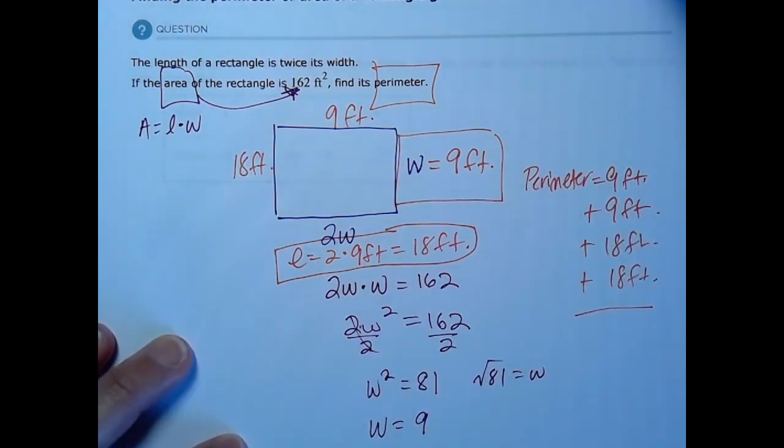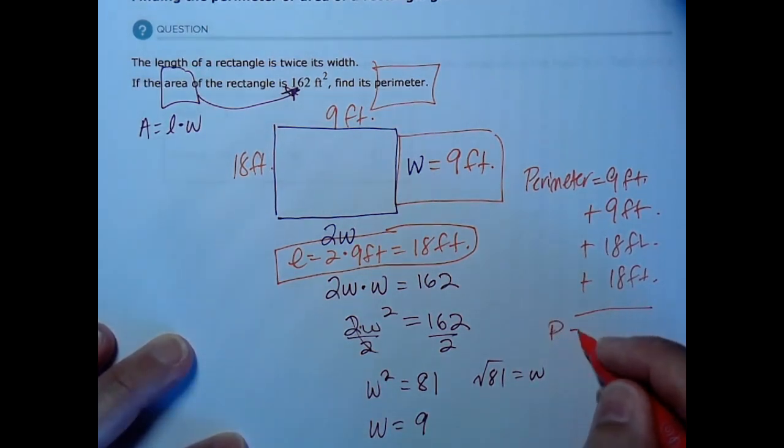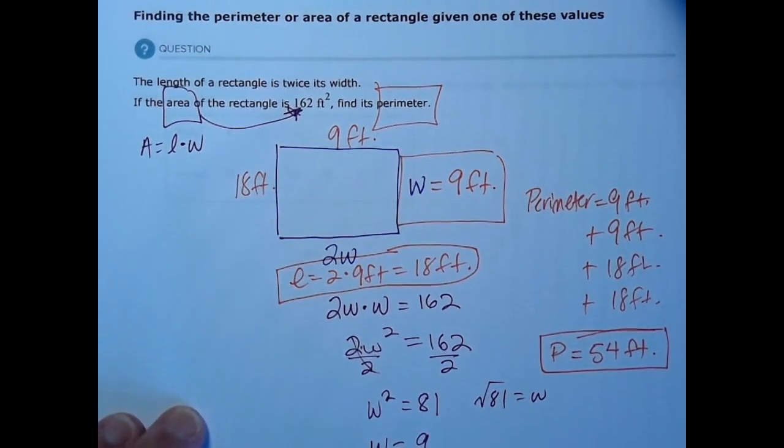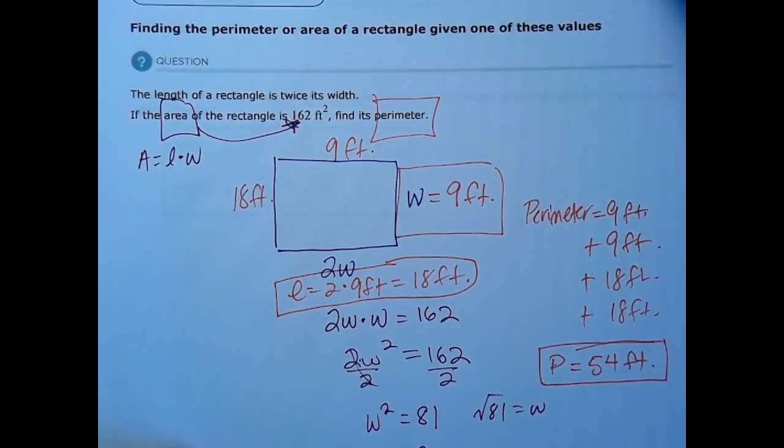That's like saying 18 times 3, and 18 times 3 is 54. So the perimeter is equal to 54 feet. Those are examples of finding the perimeter or area of a rectangle given one of these values. I did two separate problems.